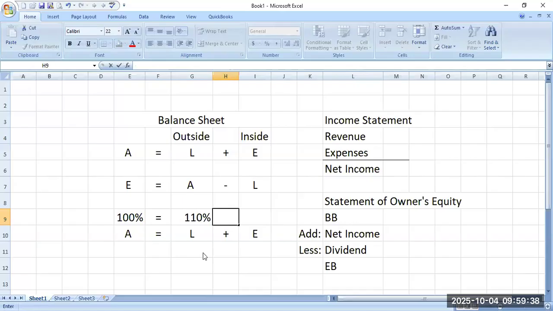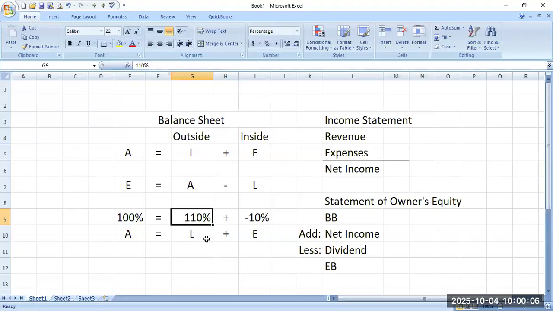Where should equity be now? Minus 10. Now the question is, is it possible that the equity to be minus 10? No. So back to my first question. Is it possible for liability to be more than the assets of the company? No.